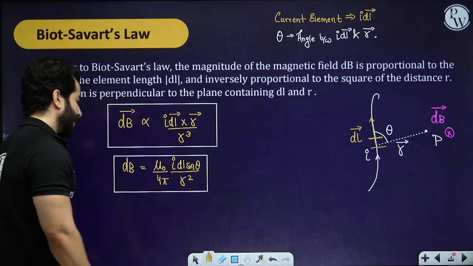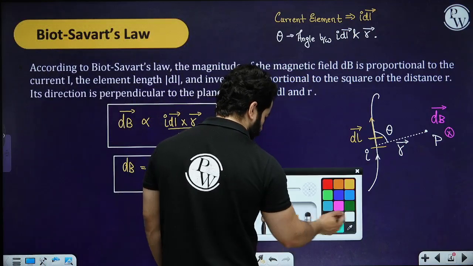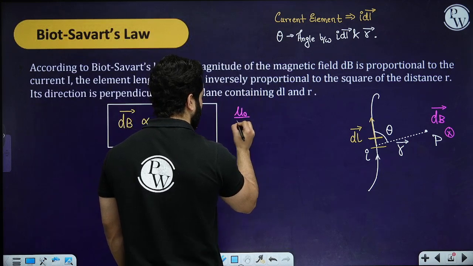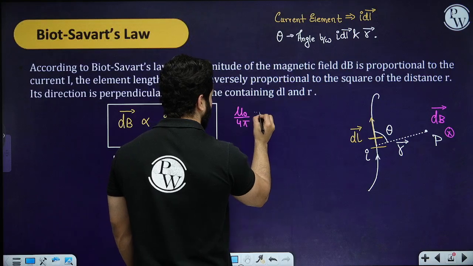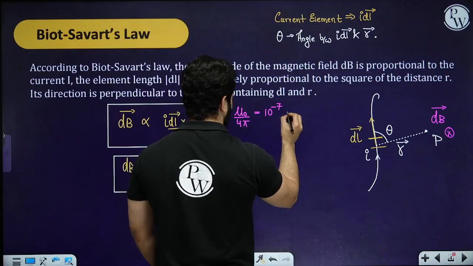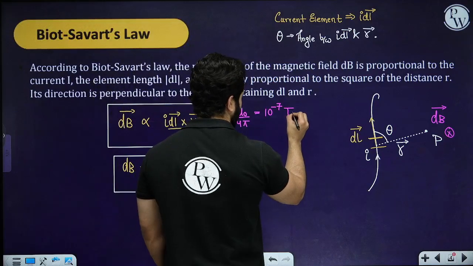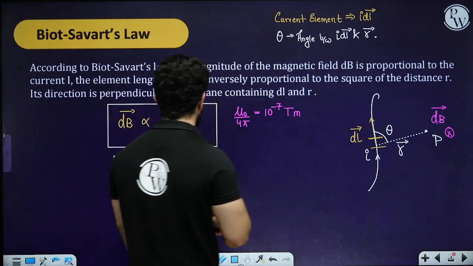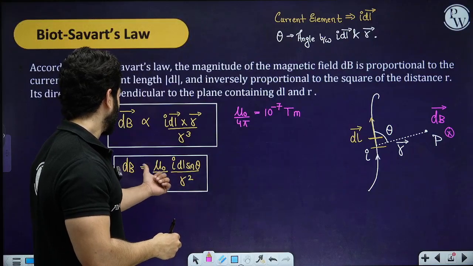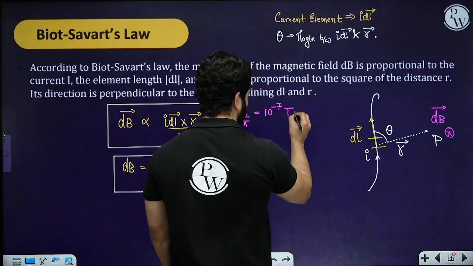Next, what does this mu naught upon 4 pi stand for? It is a proportionality constant whose value is 10 to the power minus 7 Tesla meter per ampere.